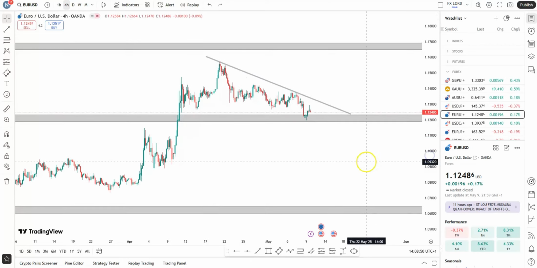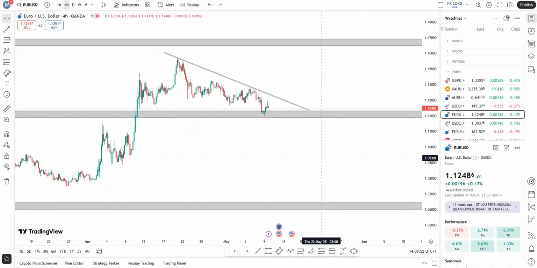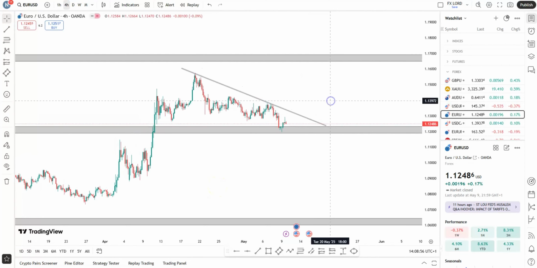So Euro USD so far has come into a point where it has created a chart pattern. As you can see, this is a flag pattern, right? And we all know that a flag pattern is a continuation chart pattern. It means that the market is going to continue in the previous direction when a breakout happens, right?